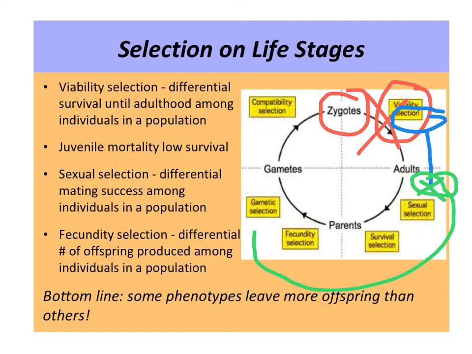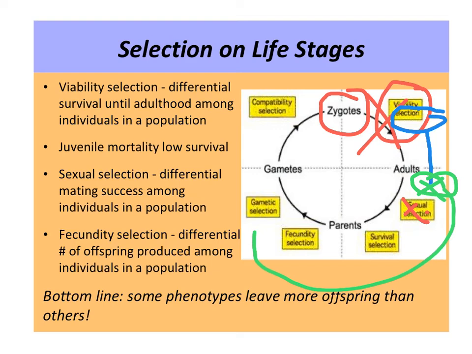If, on the other hand, they're failures in sexual selection, they don't find mates, they survive just fine, but they're out of luck, then it doesn't matter how well they survive after that. If they don't reproduce, they're dead.